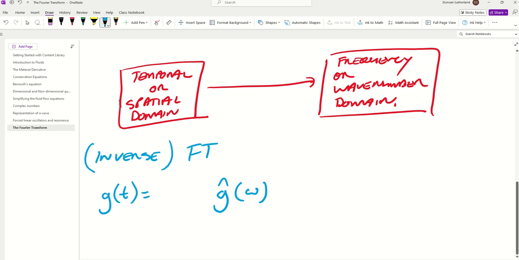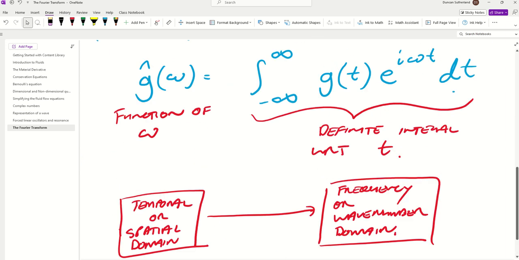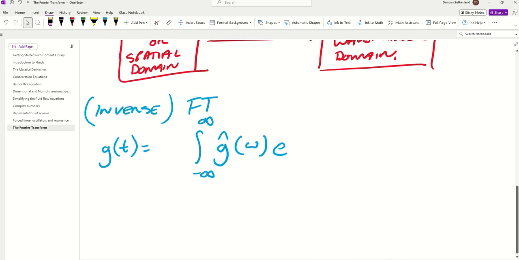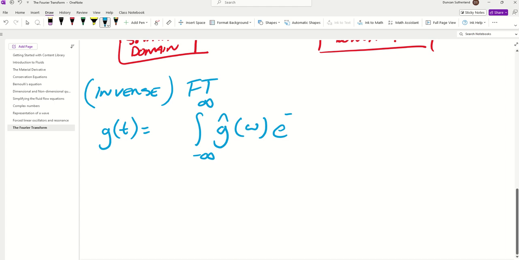So again, we're going to be integrating, except now we're going to be integrating omega. Now we know that we've got a scaling factor. We've multiplied up here by e to the i omega t. So what we're going to do here is multiply by e to the minus i omega t. It's like the inverse operation. And we're going to integrate with respect to omega.